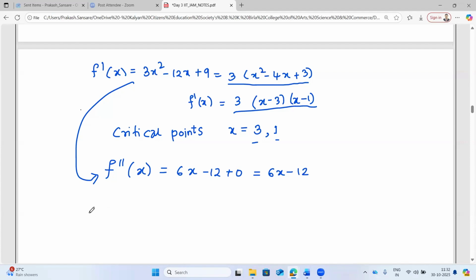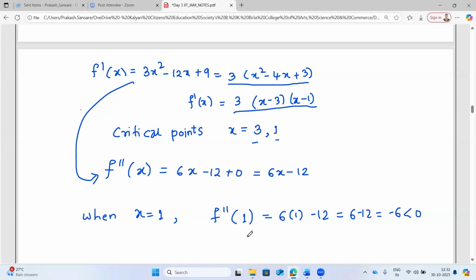So when x is equal to 1, what is f double dash at 1? f double dash at 1 will be 6 times 1 minus 12. So it is 6 minus 12, which is minus 6, which is less than 0. So this implies f double dash at 1 is strictly less than 0.